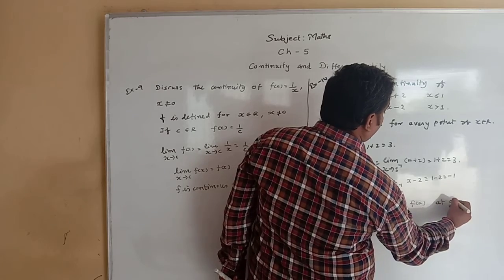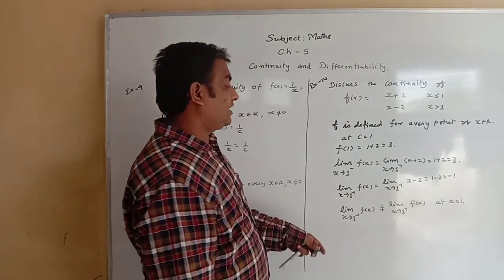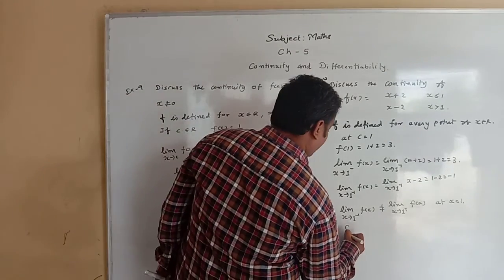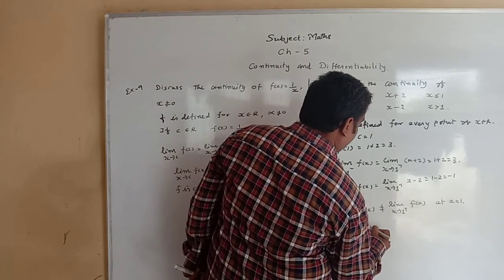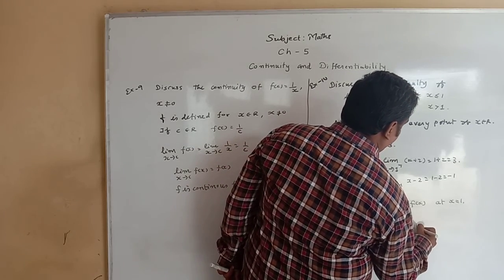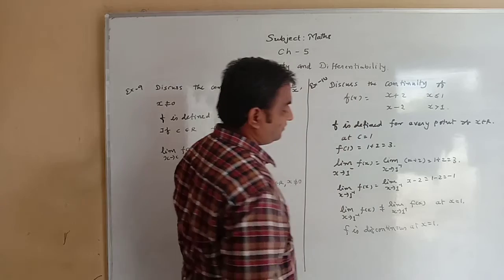At x equals 1, the right limit and left limit are not equal, so we can write that f is discontinuous at x equals 1.